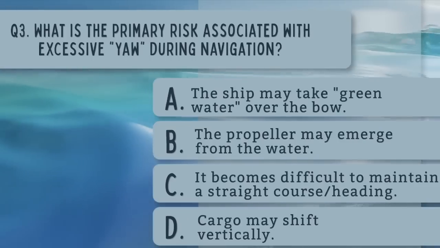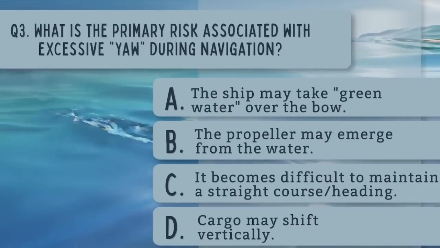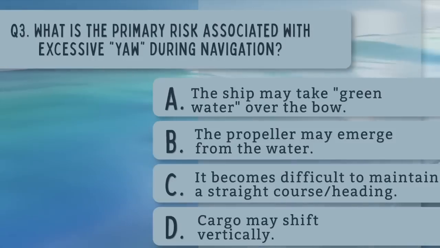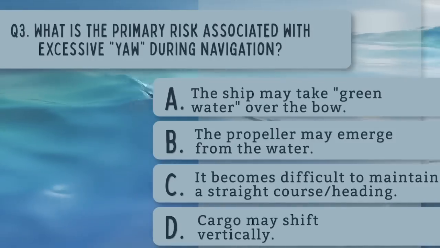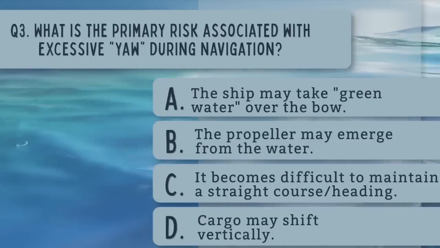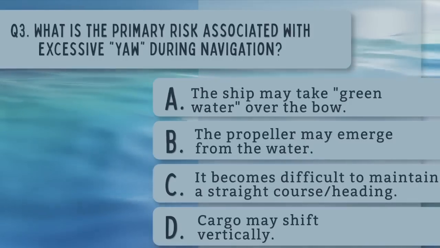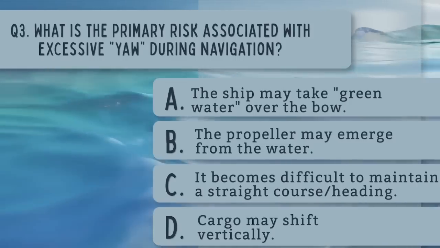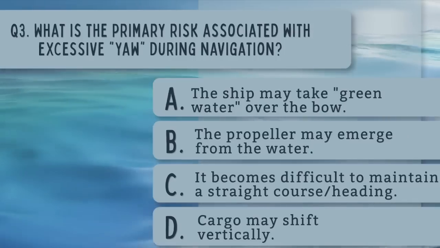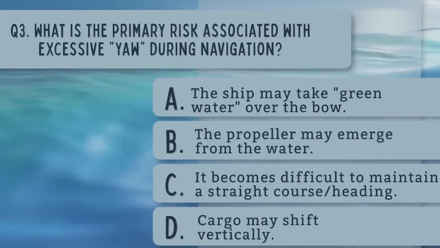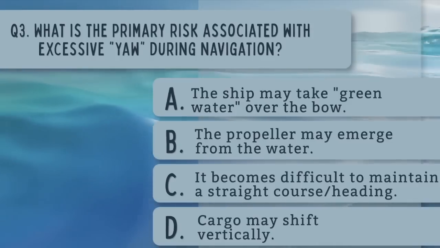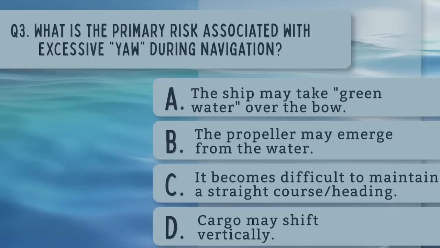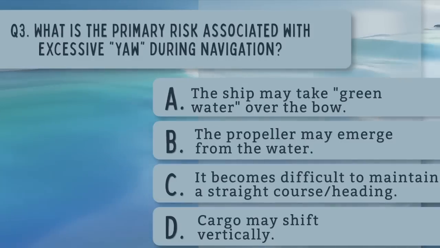Another question: what is the primary risk associated with excessive yaw during navigation? A. The ship may take green water over the bow. B. The propeller may emerge from the water. C. It becomes difficult to maintain a straight course or heading.